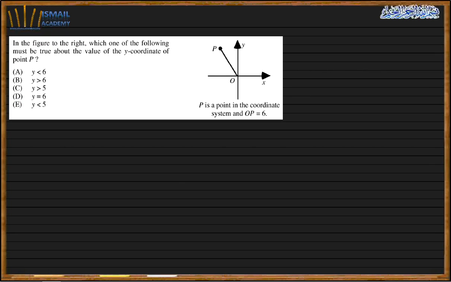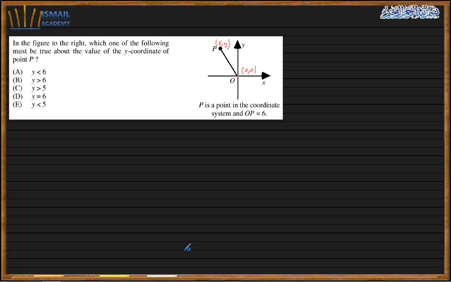Next question. In the figure to the right, which one of the following must be true about the value of the y coordinate of point P? The coordinate of P is (x, y), and it is 6 units from the origin, which means that the distance from (x, y) to the origin is 6.